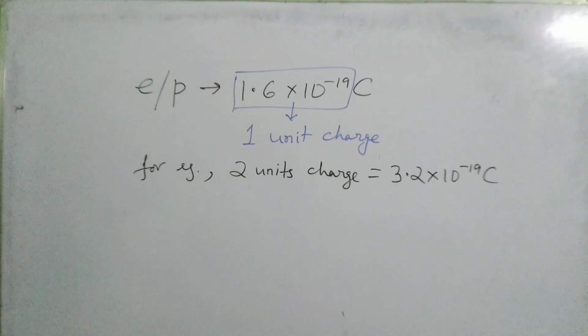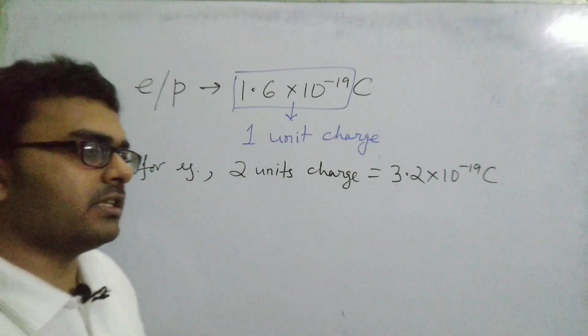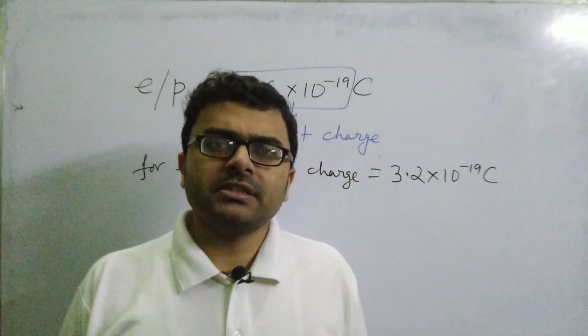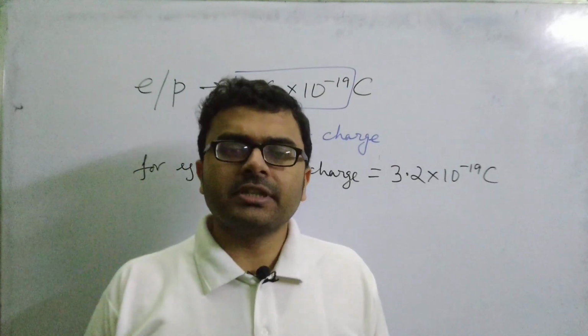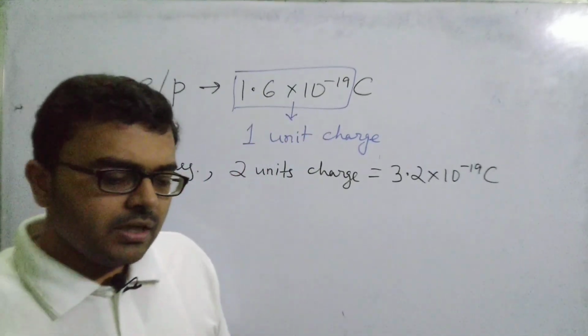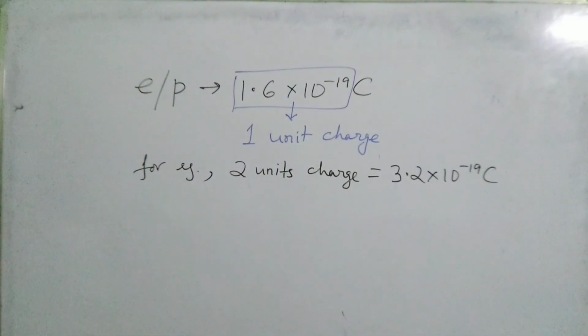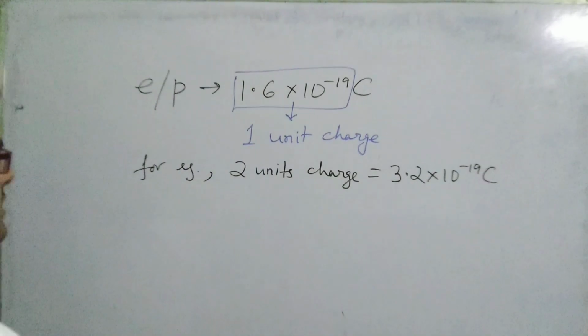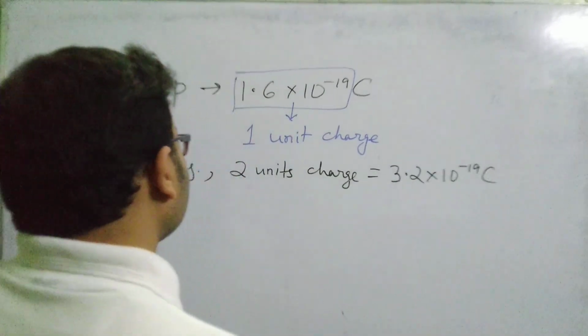Now, if you consider the mass of the proton and neutron, it was about 1.672 and 1.676 into 10 to the power minus 27 kg, nearly the same. And in comparison to that, the mass of the electron was quite less, because you have to divide by a further 10,000 to get the mass of the electron.